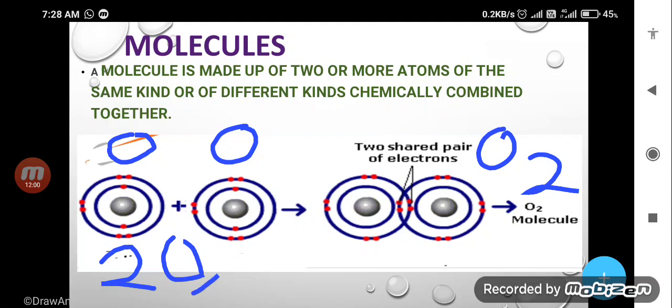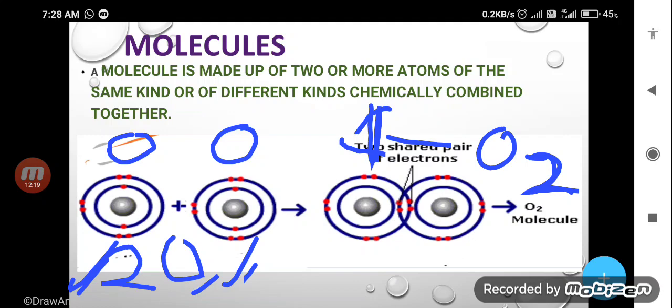But here you can see O2, the 2 is at the back of oxygen. It means that there is one molecule of oxygen. That makes the difference.